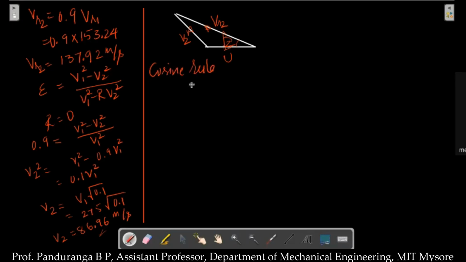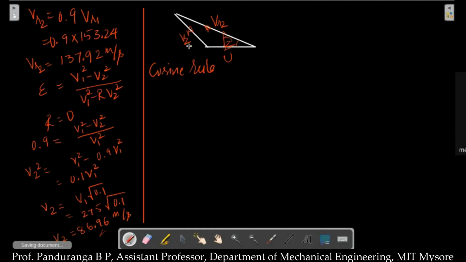Cosine rule. If you remember cosine rule, if I know one of the angles and two sides, then I can find out the length of the third side. If I know an angle, then I can find out the length of the opposite side.